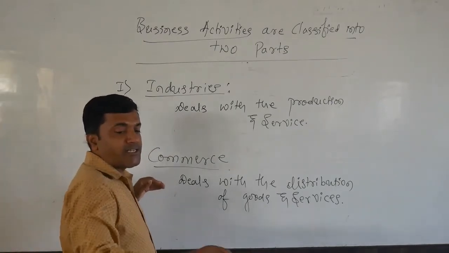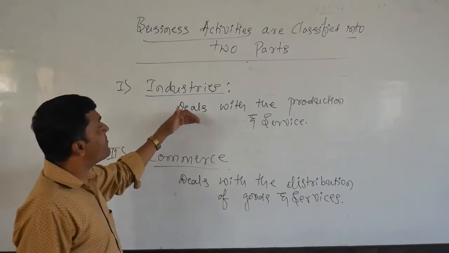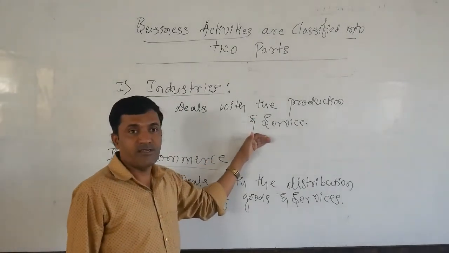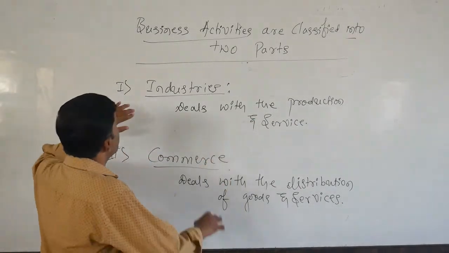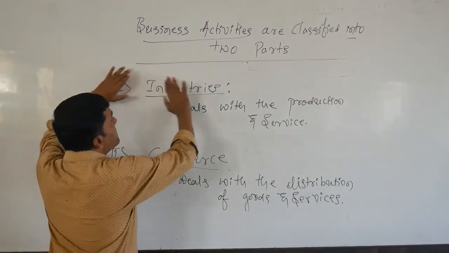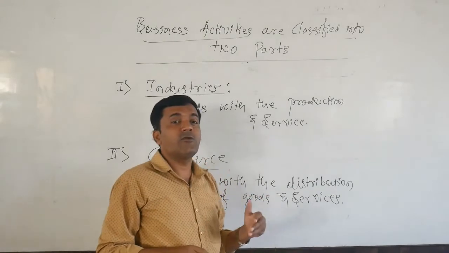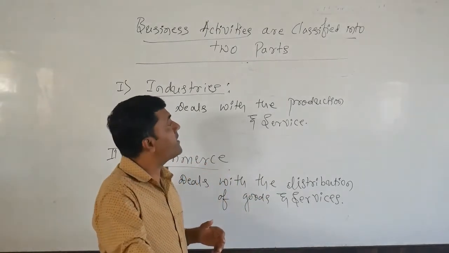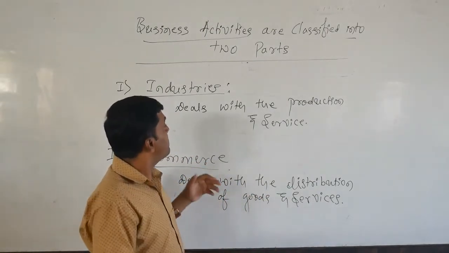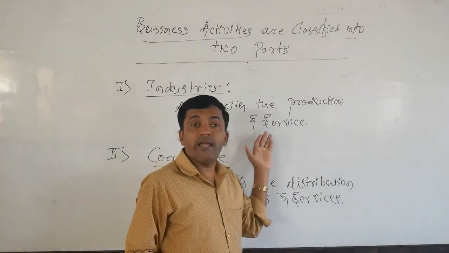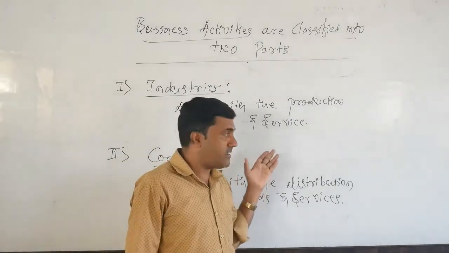In the term industry, dear students, it deals with production and services. Here in industry, it is a process of converting raw material into finished product, finished goods you can say. Then later on, providing useful services to the society.